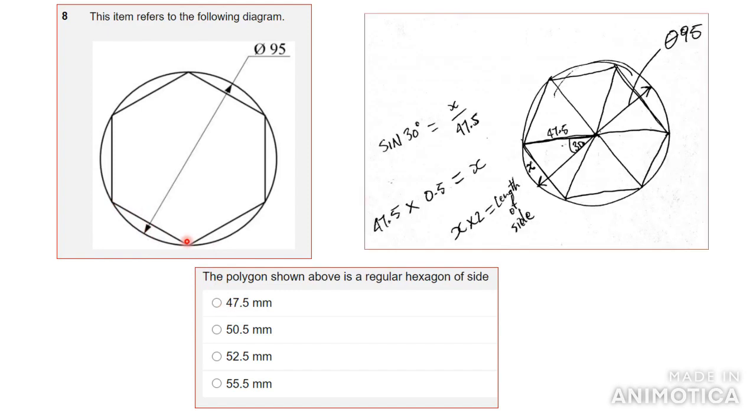Okay, now the more in-depth answer would be to use trigonometry. So basically, once you have the diameter, which is 95, and you found the radius, which is half of 95, all the lengths of the 6 sides of the hexagon would also be 47.5, which is half of 95.